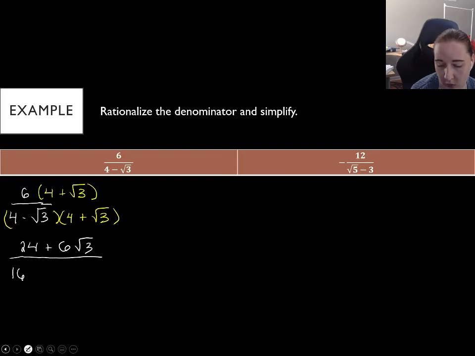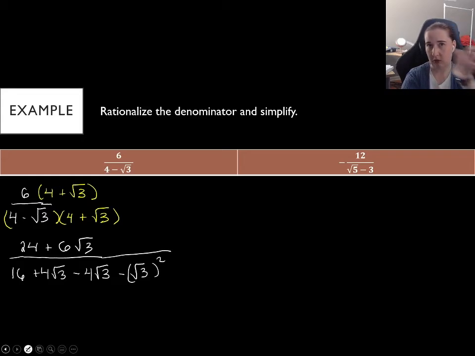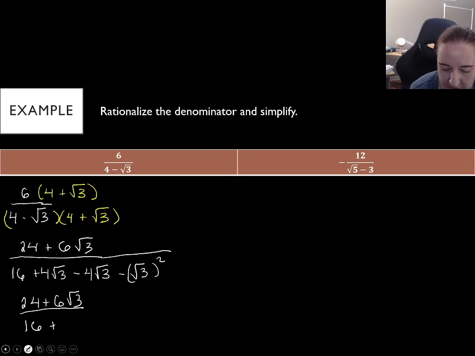You get a 4 times the square root of 3. And then you get that minus square root of 3 times 4, so that's a minus 4 square root of 3. And then when you multiply, you get a negative square root of 3 squared. So you can see the middle terms cancel out. 4 square root of 3 minus 4 square root of 3 is 0. And then the square root of 3, when you square that, that cancels out the square, and you're going to get just 3. So you end up with 24 plus 6 square root of 3 over 16 plus 3.